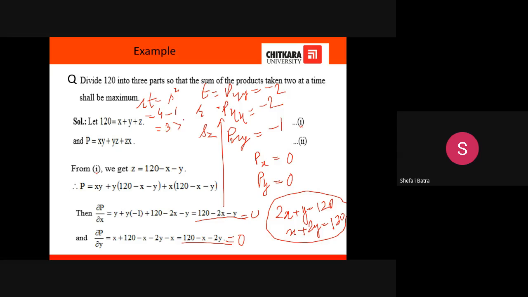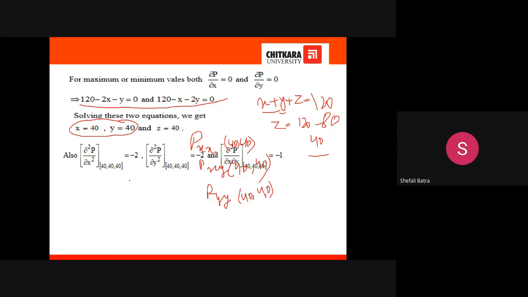So it is greater than 0. Rt minus s square is greater than 0, then you need to check the sign of r. R is minus 2, that is less than 0. So what is the case? Is this the case of maximum or minimum? Maximum. If r is less than 0, then this is maximum, and we need to show that the sum of products taken two at a time shall be maximum.